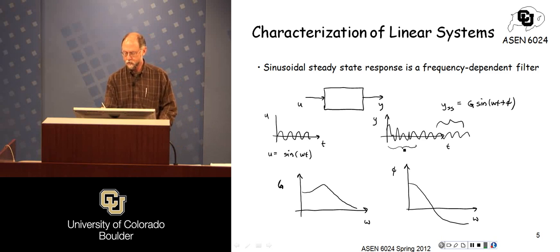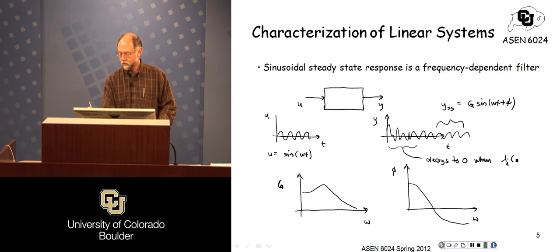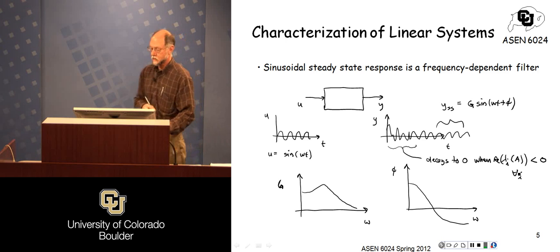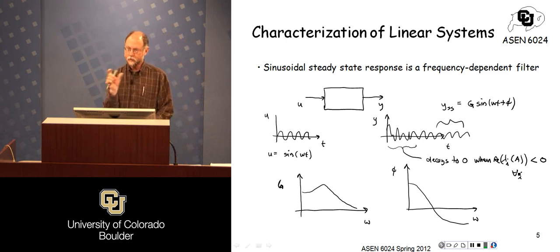So this only decays to zero when the real parts of lambda i of A are strictly less than zero, all of them. As we just saw before, that's when we have these exponential decay envelopes on whatever oscillations might be there. It's only then that this transient term is going to decay to zero, leaving this forced response as the only output.